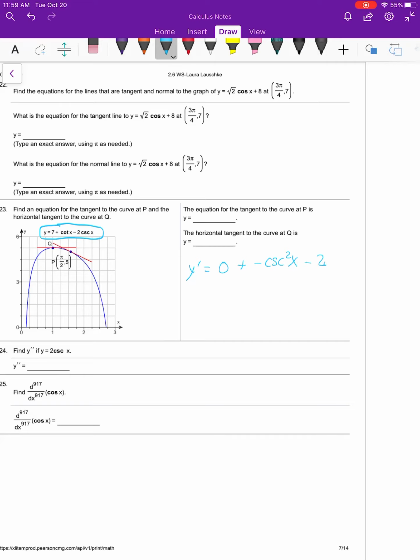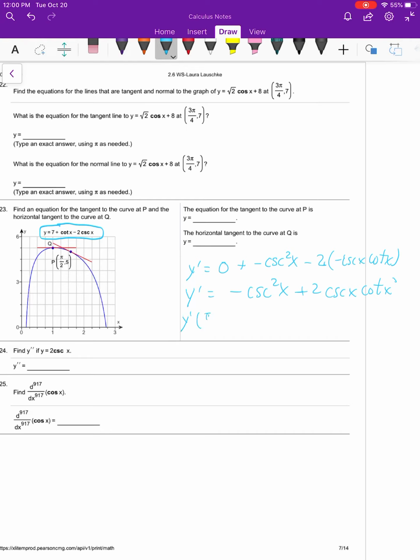And then minus 2 times the derivative of cosecant, which is negative cosecant x cotangent x. So that's your derivative, and they said find an equation for the tangent line to the curve at P.